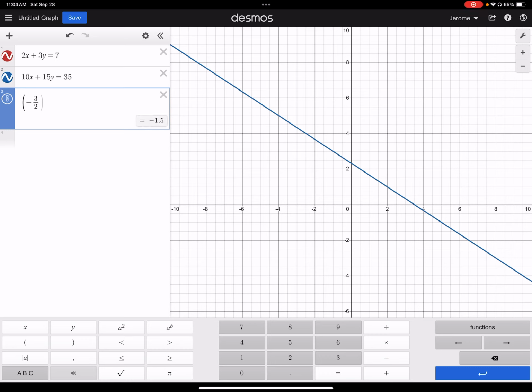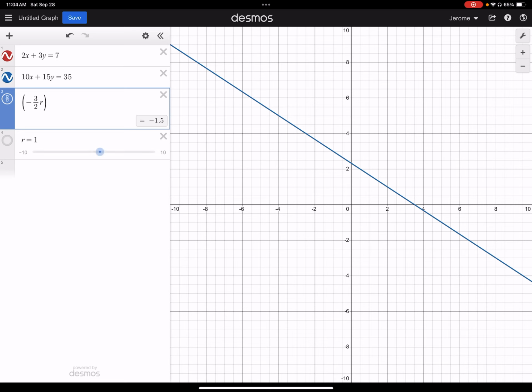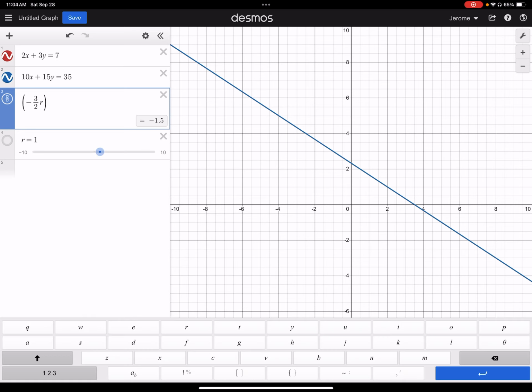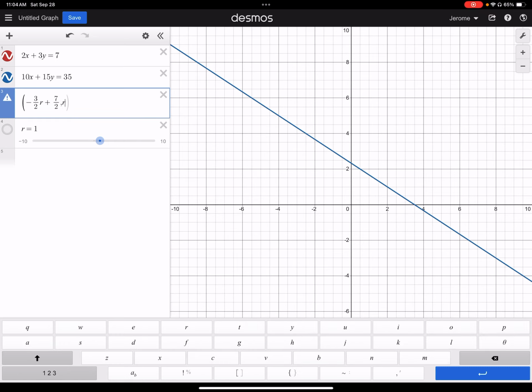Get out of that, and then r. I need an actual r over here, so I need to go to the alphabet and do an r. And it says add slider, and we definitely want to, so I'm going to click that. Come back up here, and I still have more, plus 7/2, I believe, plus 7 divided by 2. And then I need to arrow out of that, and then a comma, and then an r.